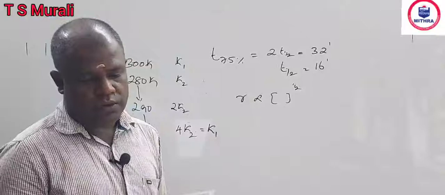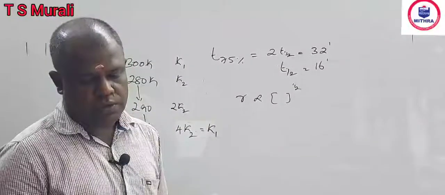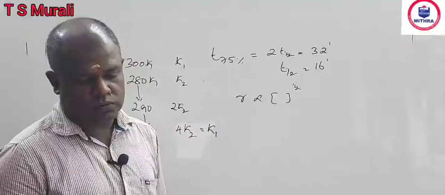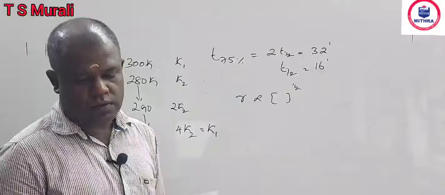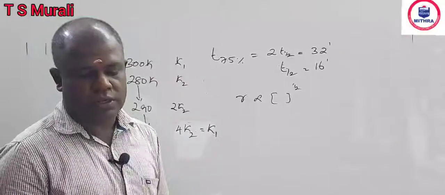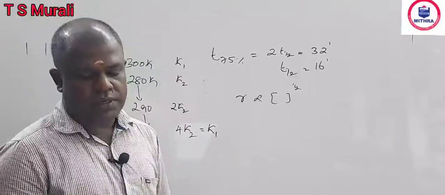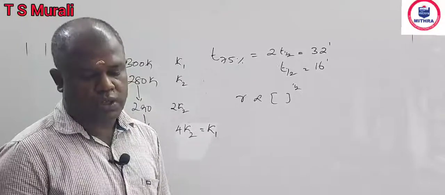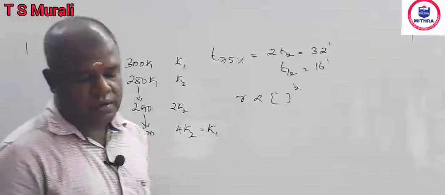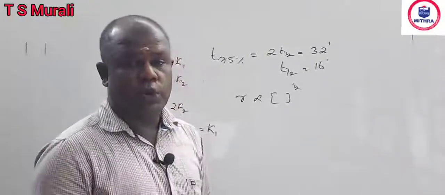Actually there are two first order integrated rate equations. 1 by t ln a by a minus x is also there. For first order there are two correct relations. 2 and 3 both are correct. In the third equation there is no 2.303. 2.303 is obtained by converting ln into log.